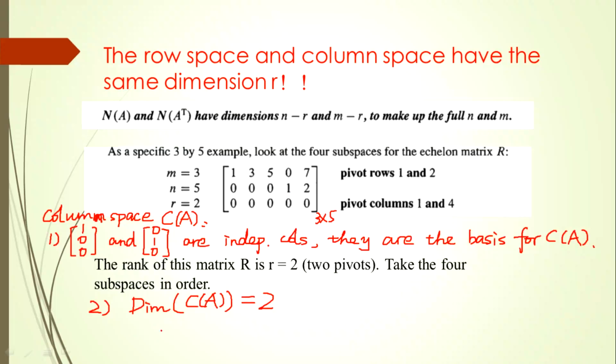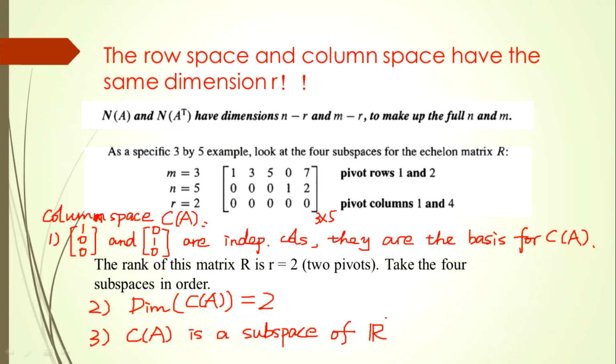And the column space is the subspace of R3 or R5. Think about the columns 1, 0, 0 and 0, 1, 0, they are vectors. How many components do they have? 3 components, right?